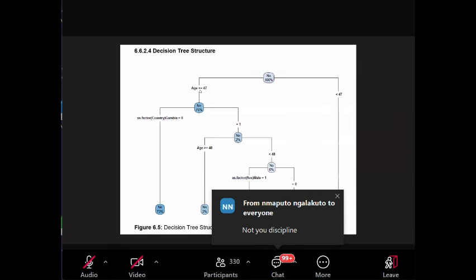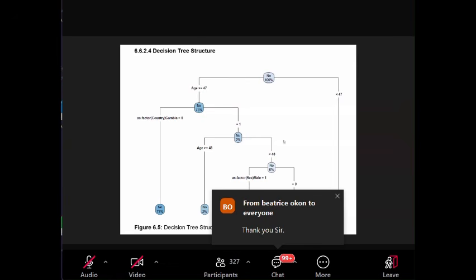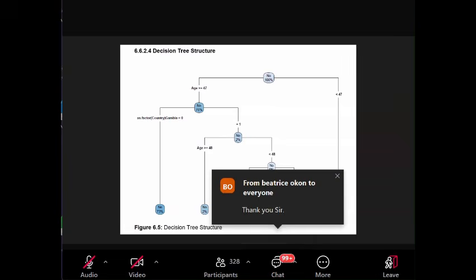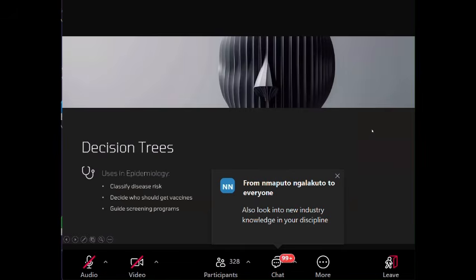But for those that are greater than 47 years, it is 76%. So that's how the decision tree works, like the example that I showed you.